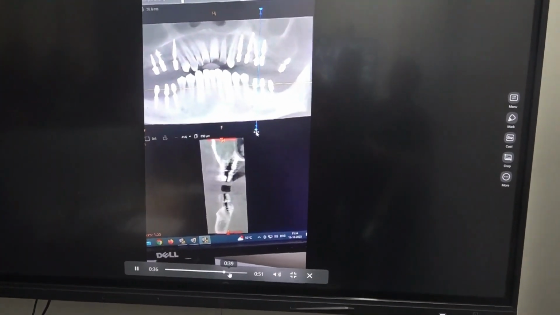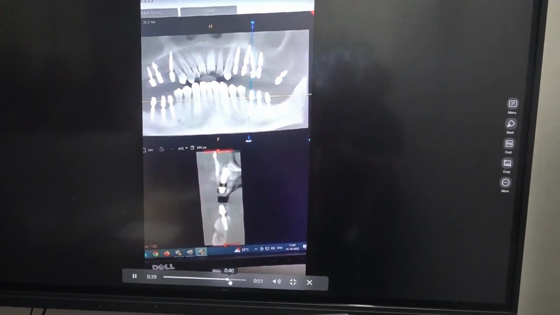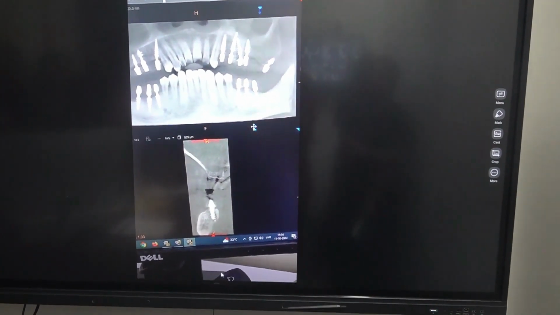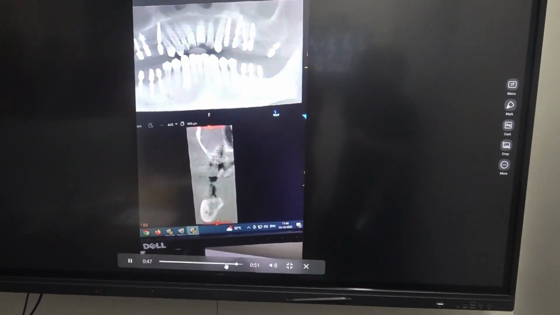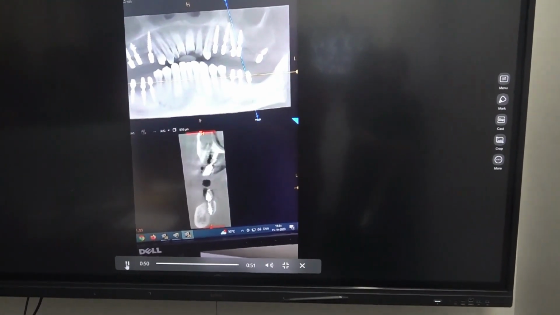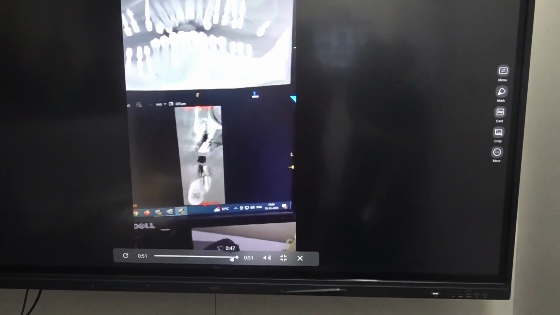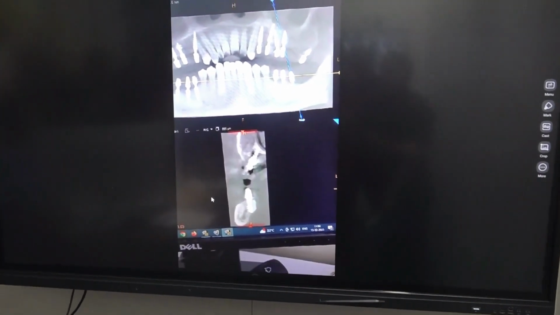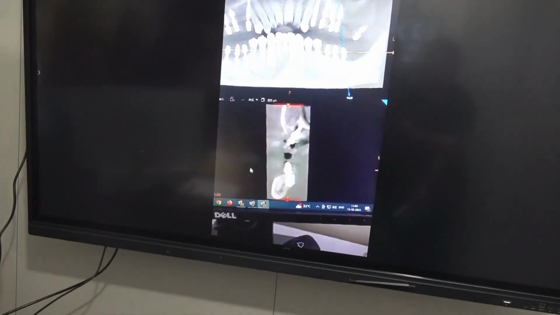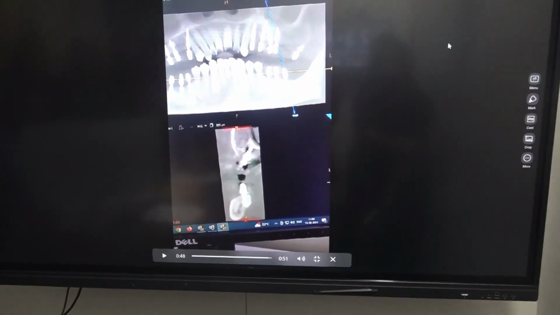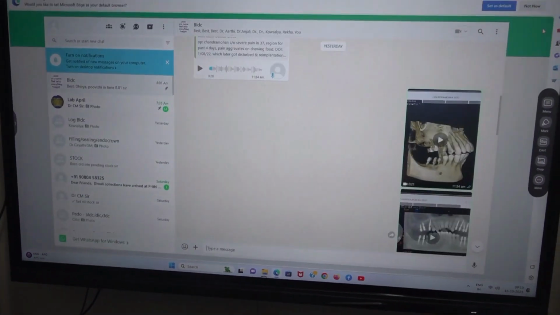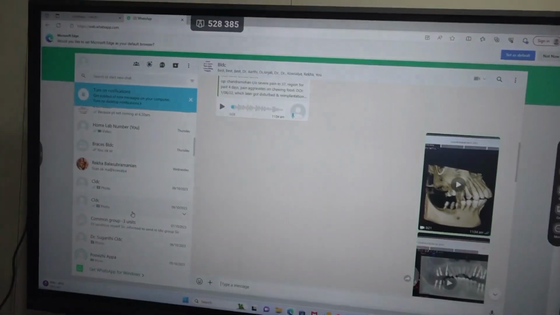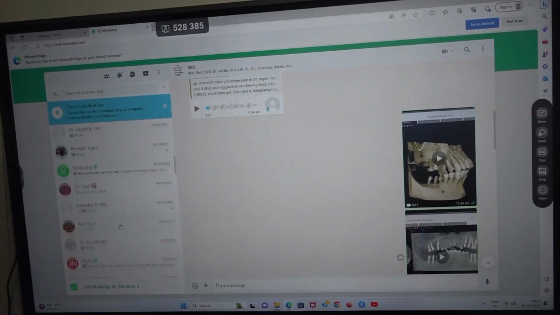This is compressive, this is good. This one, can you see it is not into the cortical. It's just touching, it is not perforated. So it can move, right? You have to go beyond this lingual. We should have done that. Yes, that is the thing. If the patient is having trouble again and again, then you have to remove it and redo.